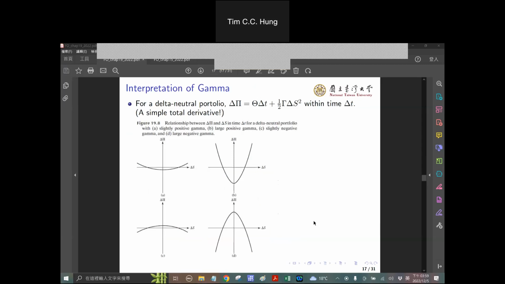Multiplied by delta t plus 1/2 gamma delta S squared. This delta over here only represents change in price. So we are using the same notations, but because we're looking at a delta neutral portfolio, suppose we first create a delta neutral portfolio. So now our portfolio is already delta neutral. It doesn't have any exposure to a small price change of the underlying.